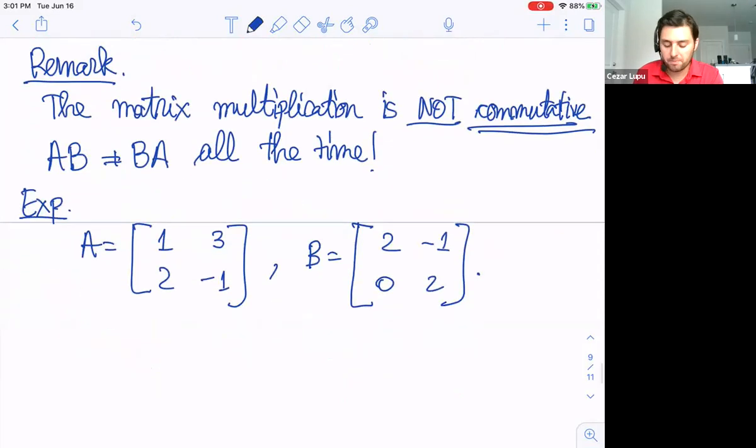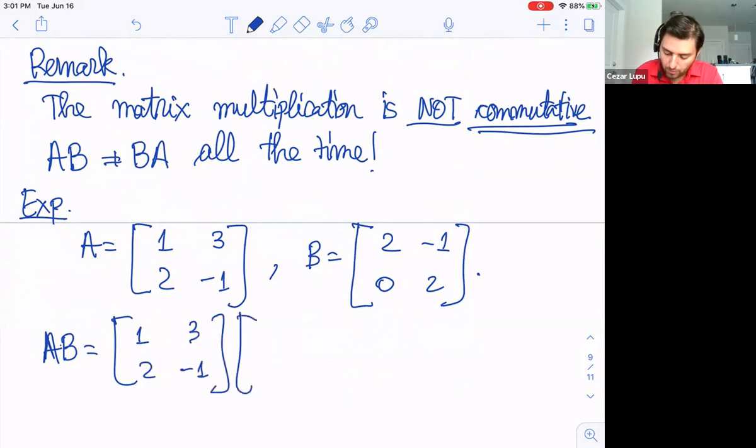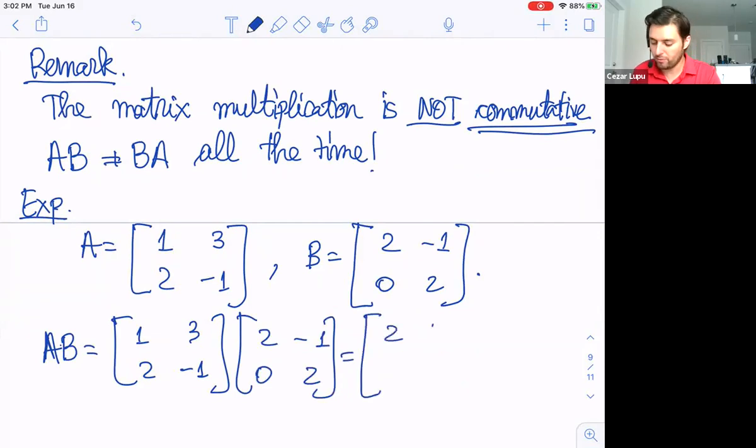If you compute AB, 1, 3, 2, -1 times 2, -1, 0, 2, when you multiply, this will give us 2, 5, 4, -4.